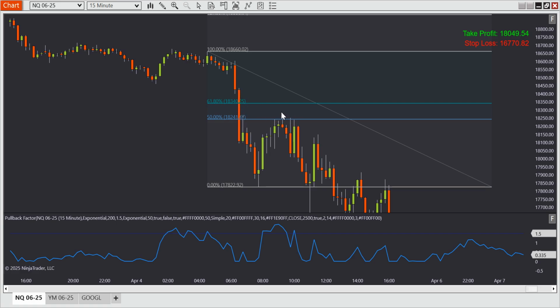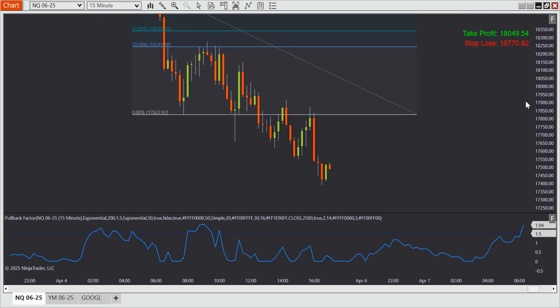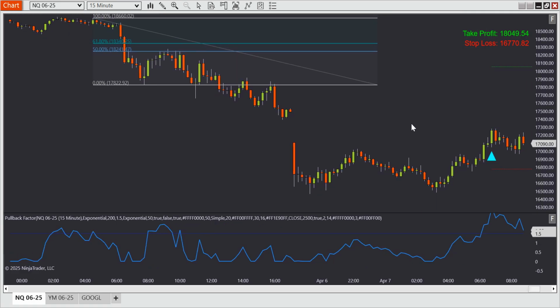Yes, it does take the premium side of the liquidity here just barely, but the pullback factor is telling us here that we can probably expect that to hold and for it not to continue up into this one. And of course, we see that play out beautifully, and then a very strong gap down.